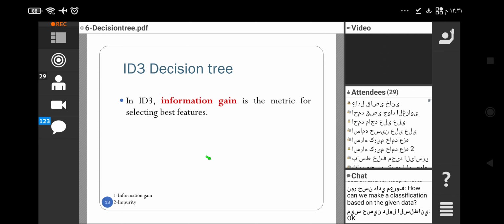In ID3, there is a concept, information gain.